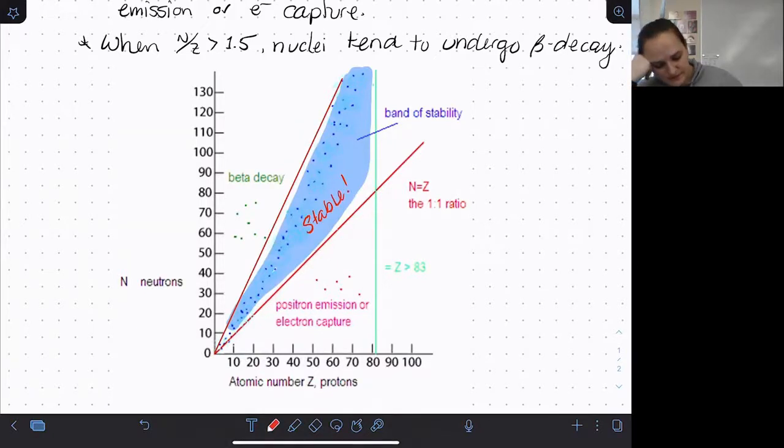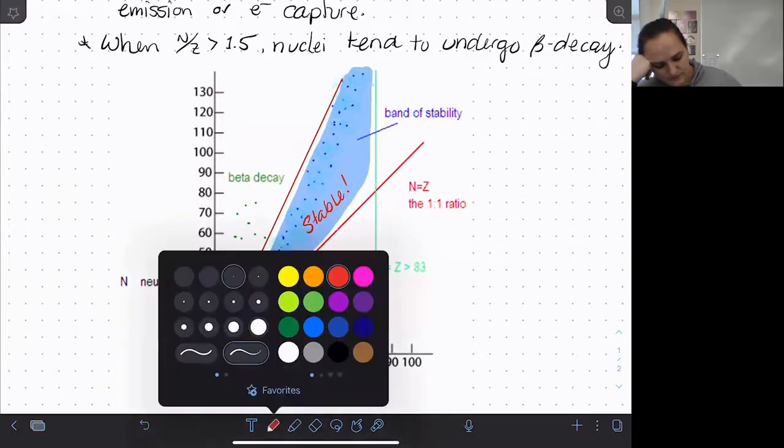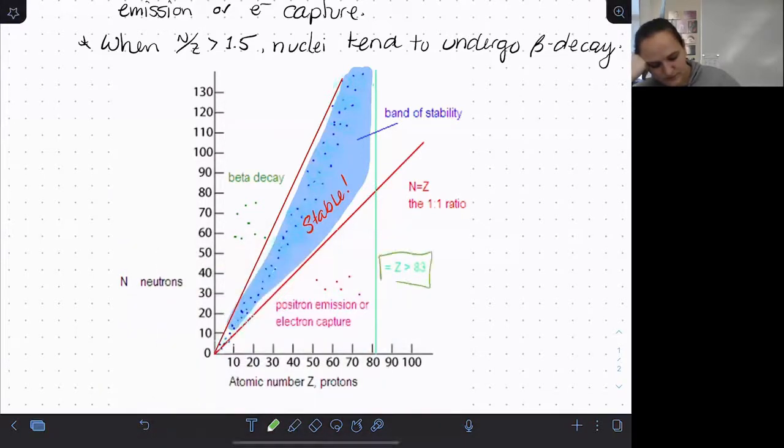We've got Z greater than 83 over here, so this is sort of that too big cutoff. So these guys are all likely to undergo alpha decay over here.